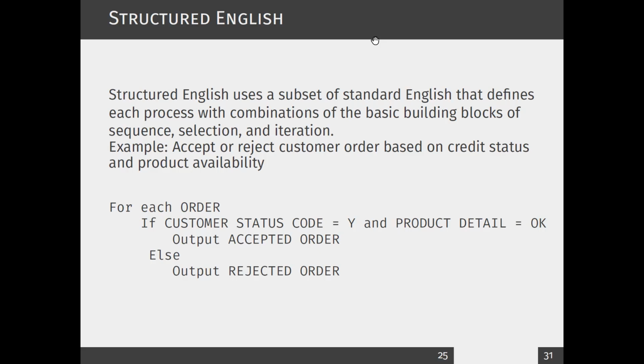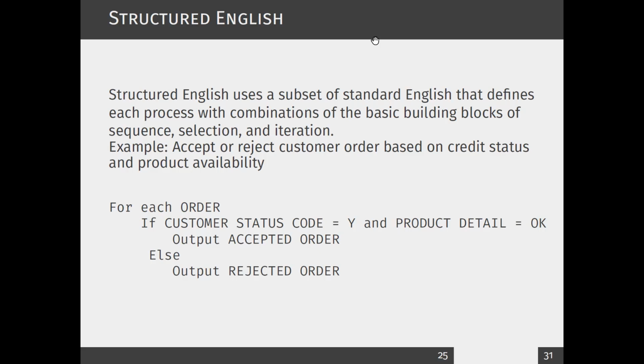Product details also should be okay. If you have all these, then you are going to accept the customer. That means the customer should have good credit without any issues of paybacks and so on. Right? Products also should be available. If both conditions are satisfied, let's say we are going to accept the order.